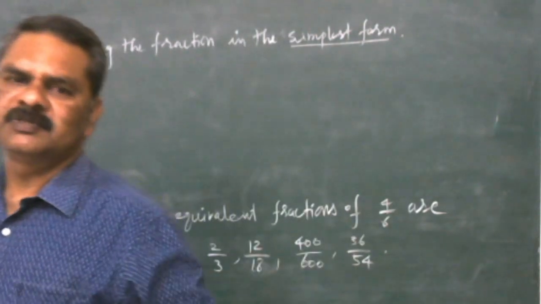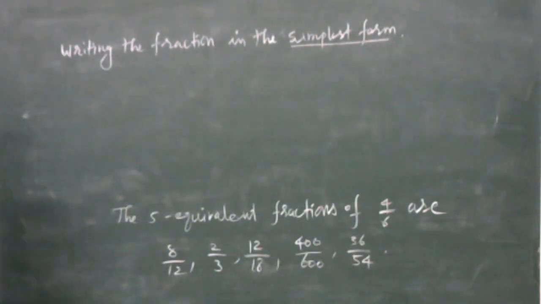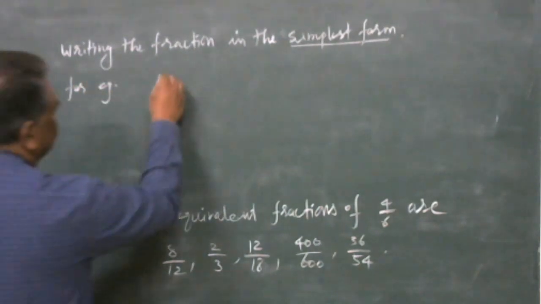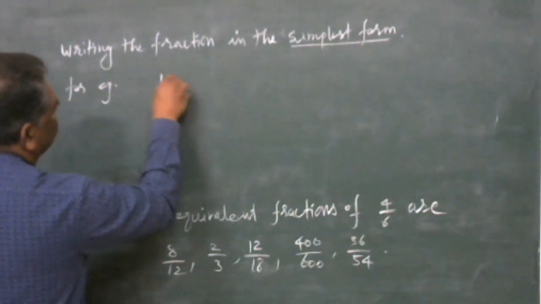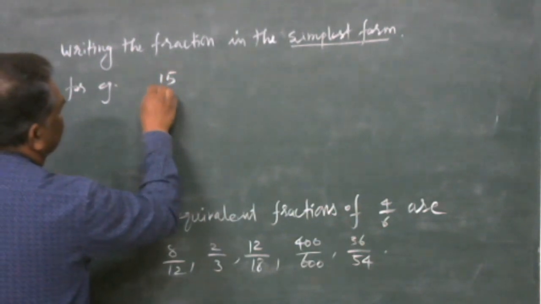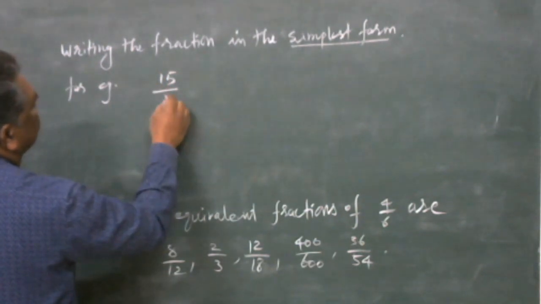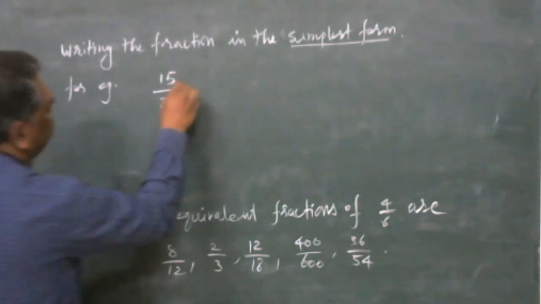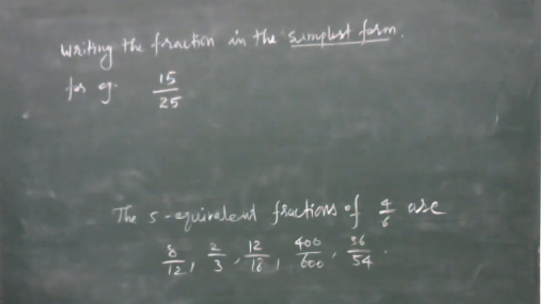Lowest terms, simplest form. One example, for example, let me take the fraction 15 by, maybe 25. 15 by 25.